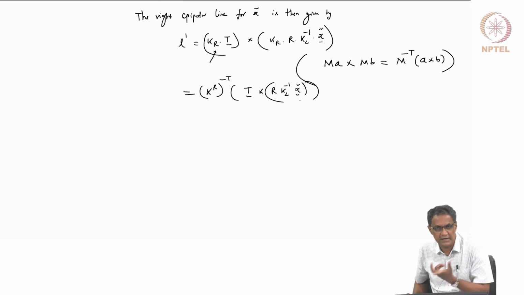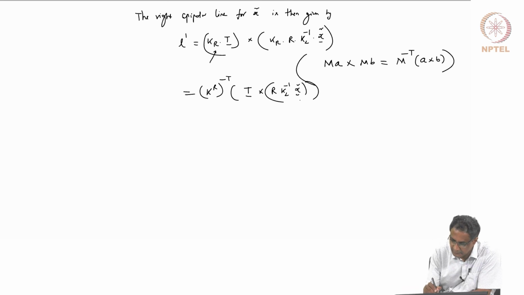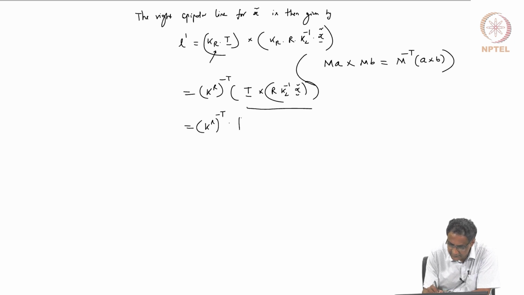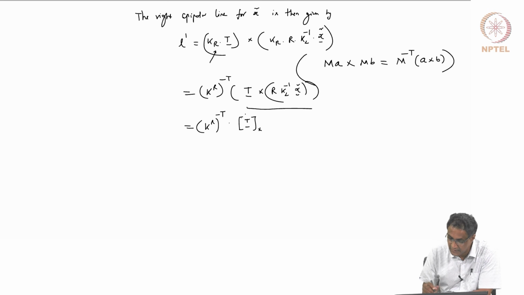See, x tilde is actually 3 cross 1, and therefore you can see that everything matches dimension wise. But this itself, we saw that there is a way to write this. So we'll just use that, and we'll write this as T cross, which is that skew symmetric matrix that you can derive out of the 3 components of T, into this vector, which is R KL inverse x tilde.